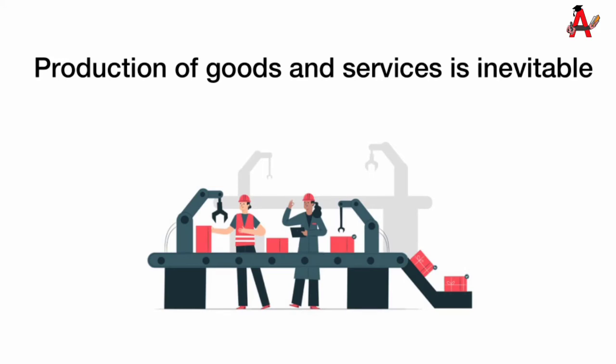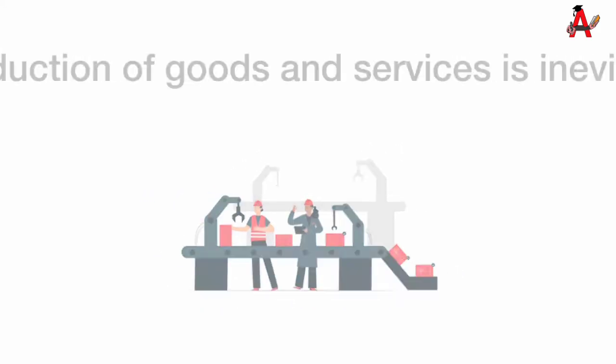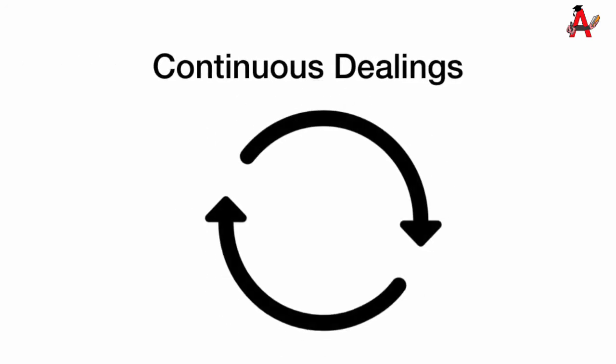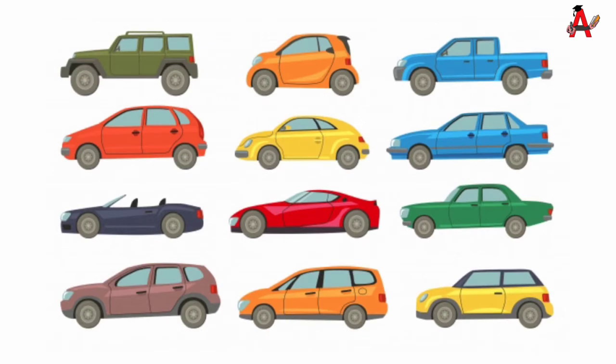You must be producing certain goods which you'll be selling, and obviously those goods and services have to be exchanged, and there has to be continuity in dealing. One particular transaction does not constitute business. So for example, if you sell a motor car and earn a profit, it's not a business, it's just one transaction. Whereas if you are in the business of selling goods and services, cars, that is a business.